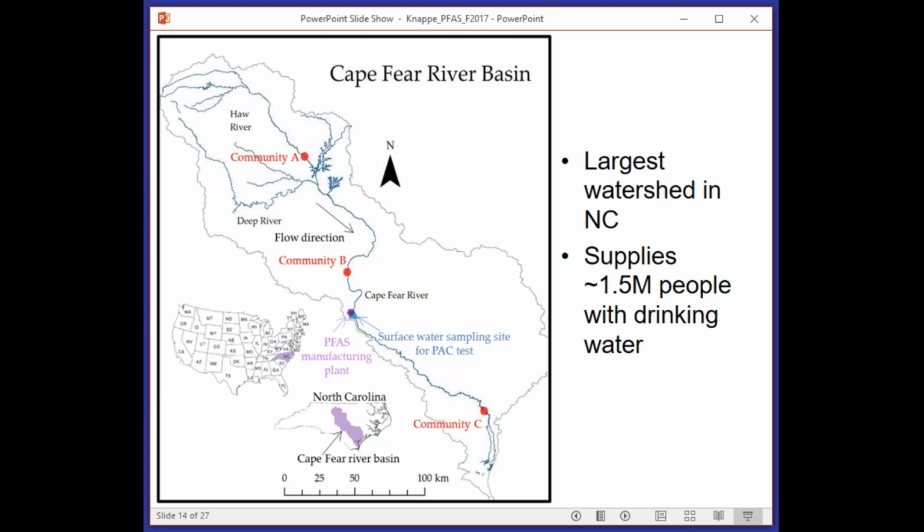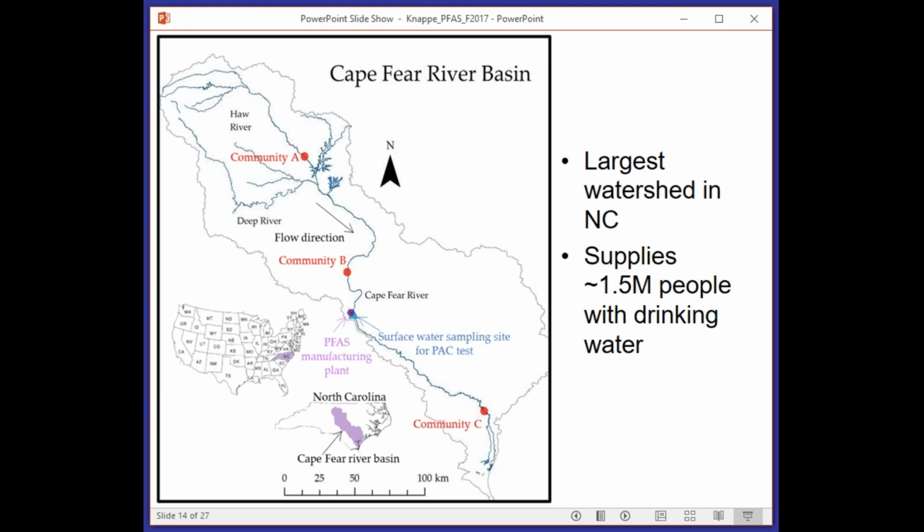And the larger map shows the actual watershed, and we studied drinking water in 3 communities that are labeled A, B, and C here.